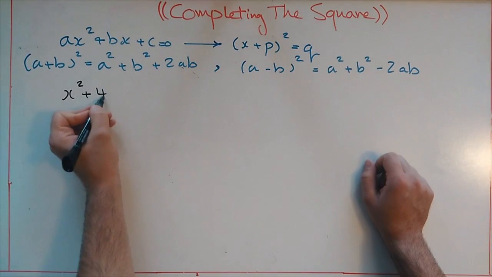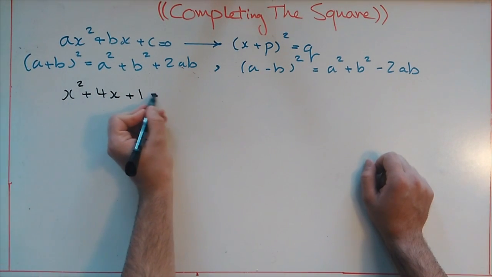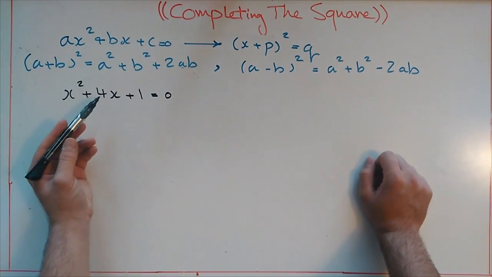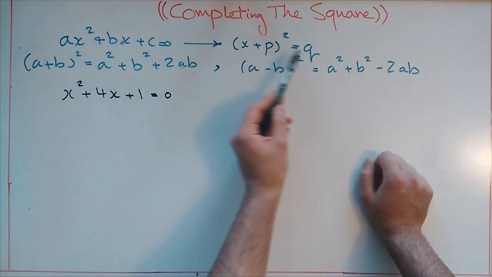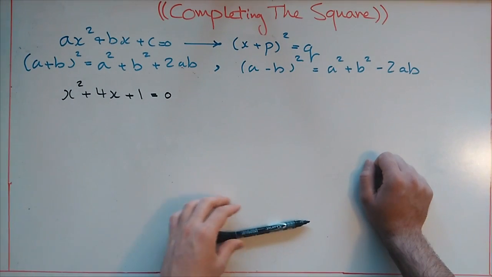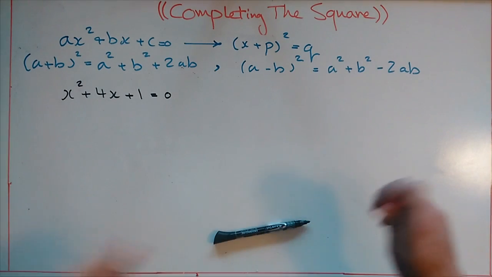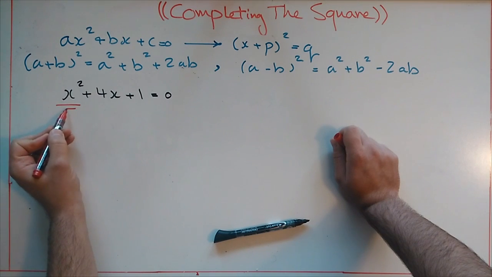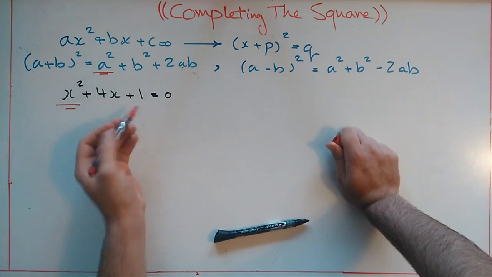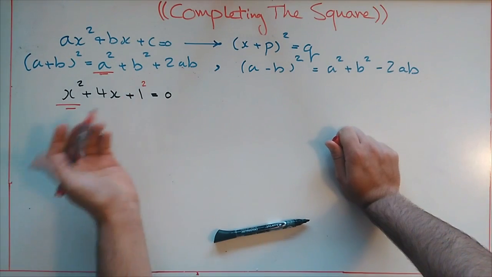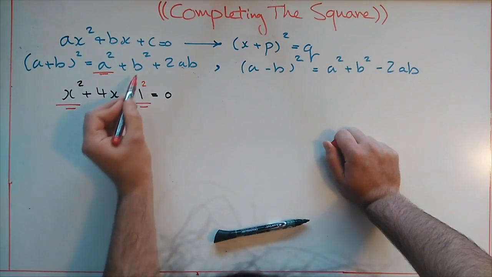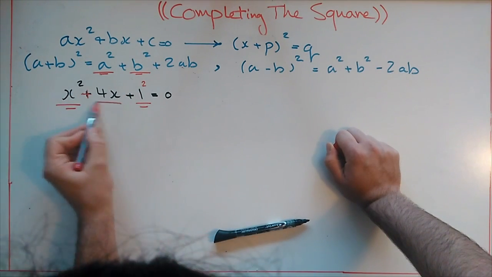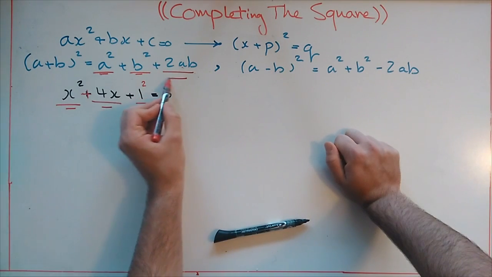Now, if x squared plus 4x plus 1 equals 0, then if I want to change the form of this into this form, what I need to realize is that x squared can represent this a squared, this 1 squared, which is equal to 1, can represent this b squared, and this positive 4x can represent the positive 2ab.